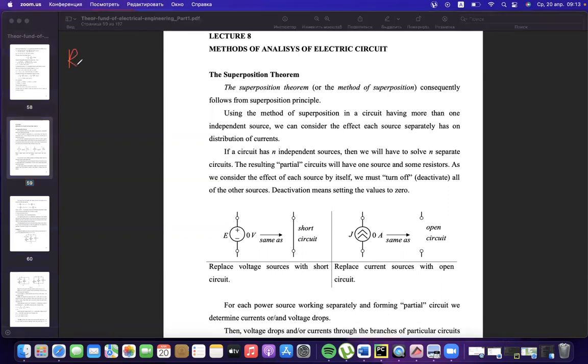Linear means that all our resistors are constants, just like numbers. For example, if we know that resistivity is 100 ohm, then it should be 100 ohm independently of temperature, current rate, electromotive force or any other situation. If a resistor is a number, it is a number for any working mode of our system.